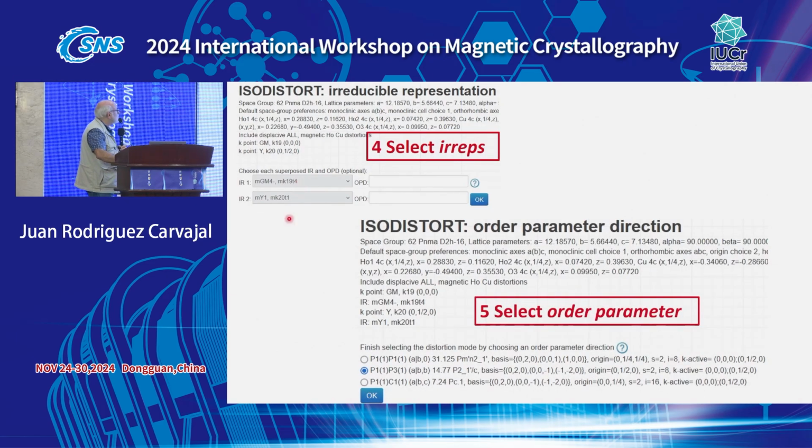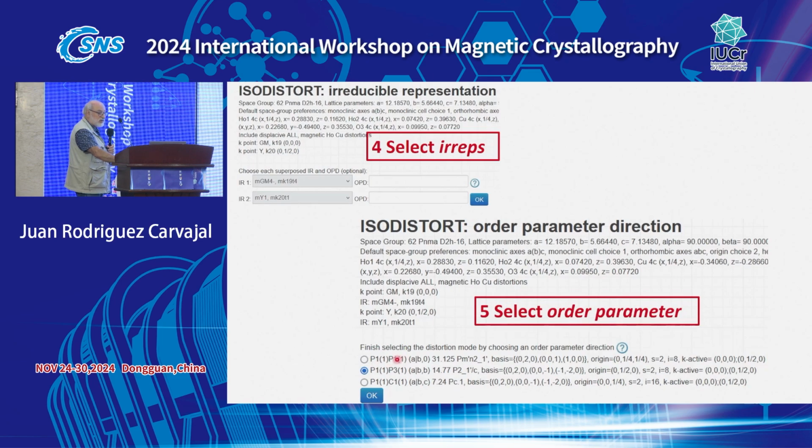Now, this is the select order parameter. Right? At the end, when you click here, you have selected 2 representations. You say OK. You arrive to this situation, and then select the order parameter direction. And you see here 3 options. You see that you have a P11.